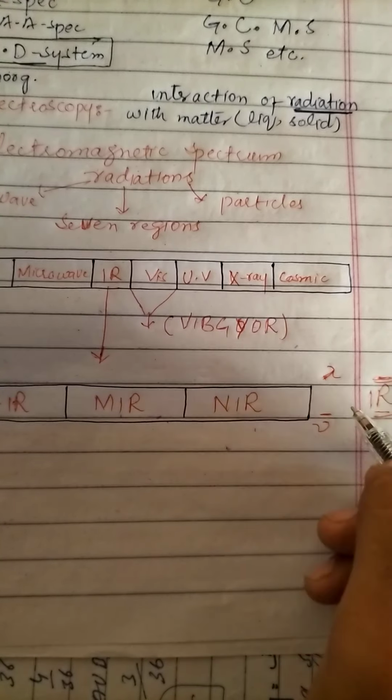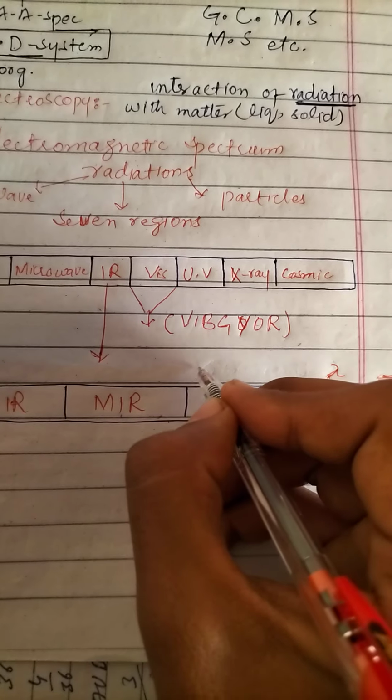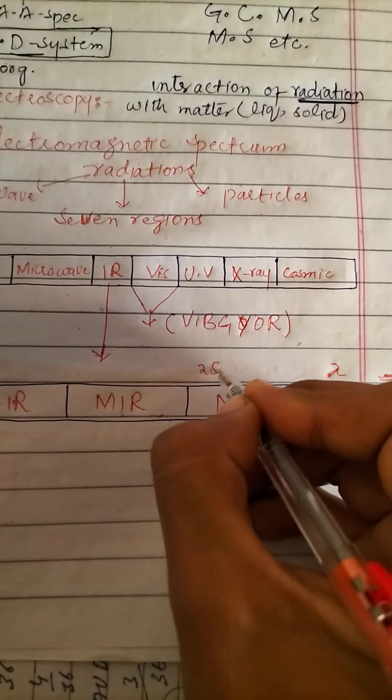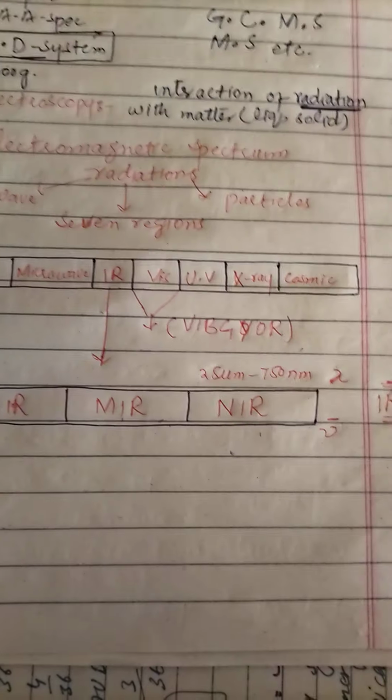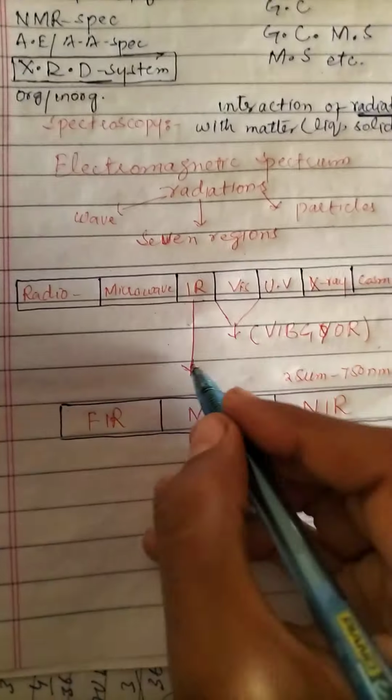For the near IR region, the wavelength is from 750 nanometer to 2.5 micron, and the mid IR region has a wavelength of 2.5 micron to 25 micron.